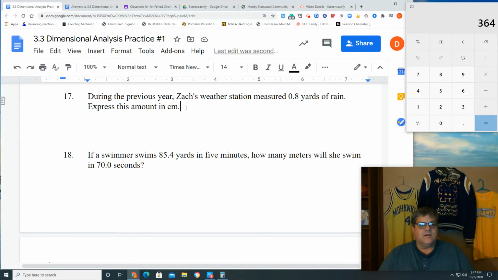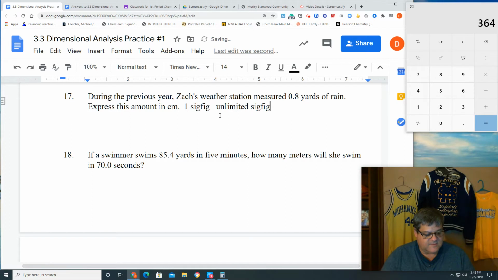Okay, so when I look at this, it should be 1 sig fig. That's what this says right here. But I would also say that because that number won't make as good a sense as our other one, and it's not going to be any more precise, we can also say that it's unlimited sig figs.